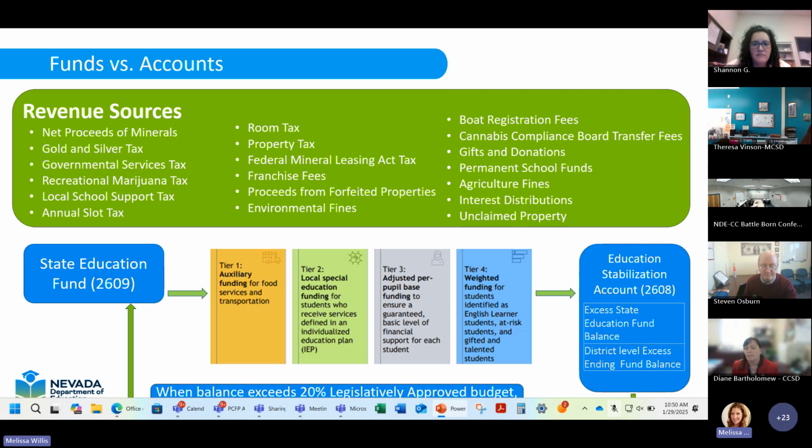So for the students with IEPs, the funds should follow them. For the students identified as EL, the funds should follow them. For at-risk, it's a little bit different because we're using that grad score.